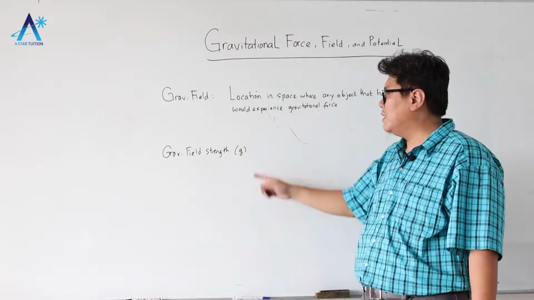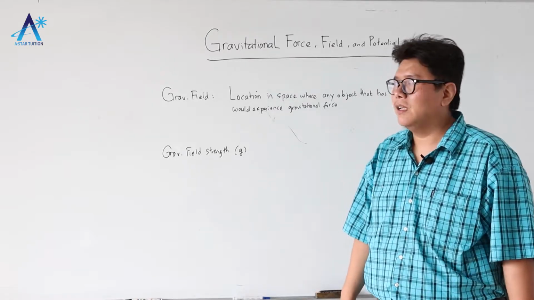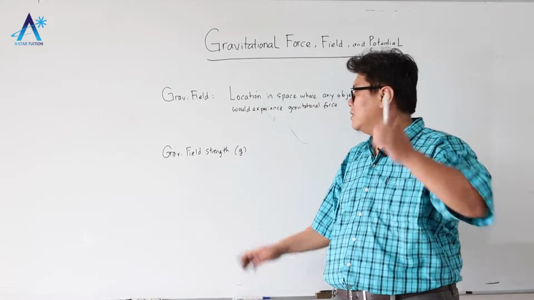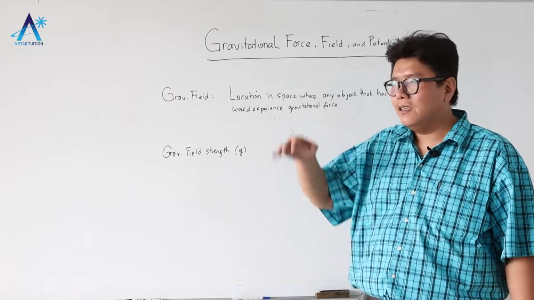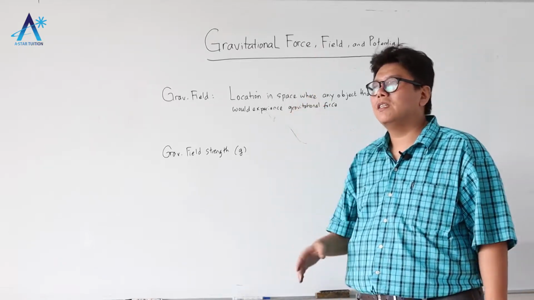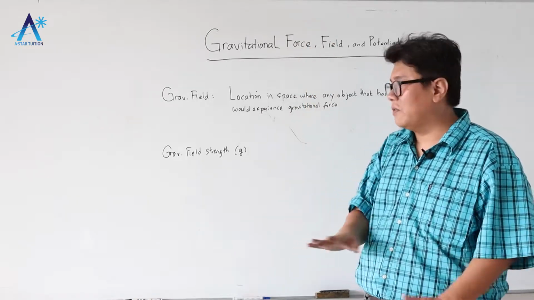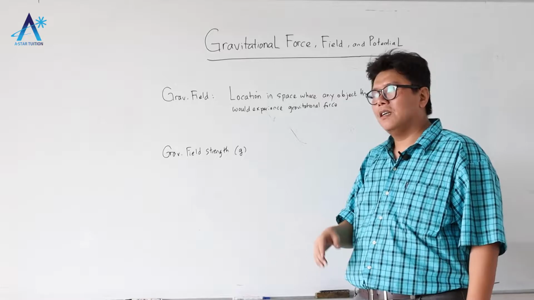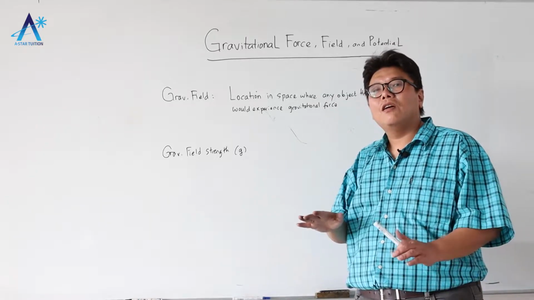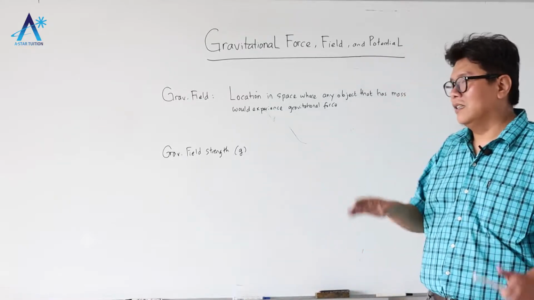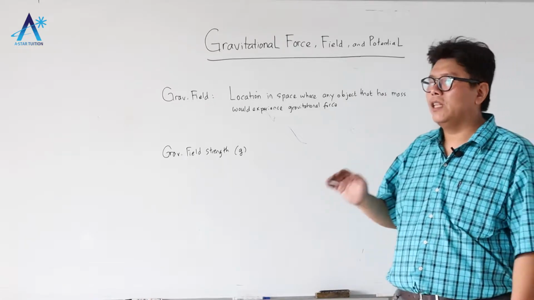From that lesson, we know that the gravitational field strength due to Earth, at the surface of the Earth or at a location that is 1 kilometer or less from the surface of the Earth, is approximately 9.81 meters per second squared on average. Remember, every location on Earth will have a different value, but on average it is 9.81.